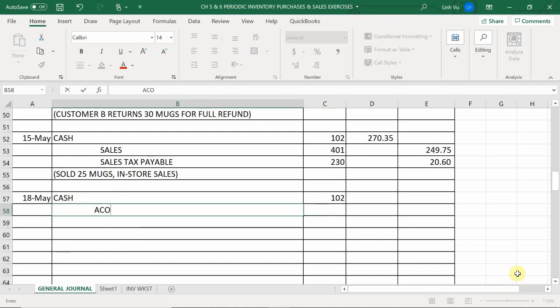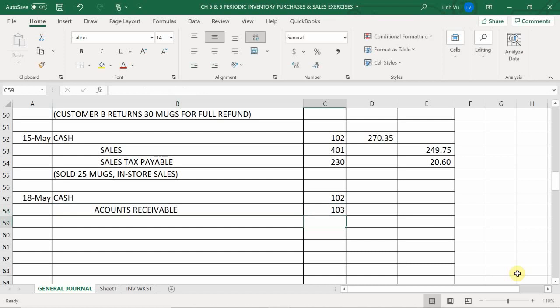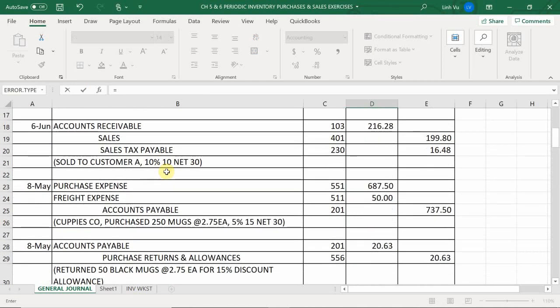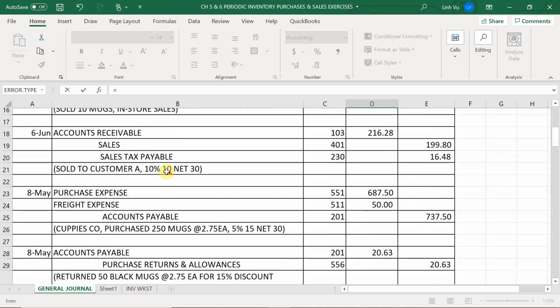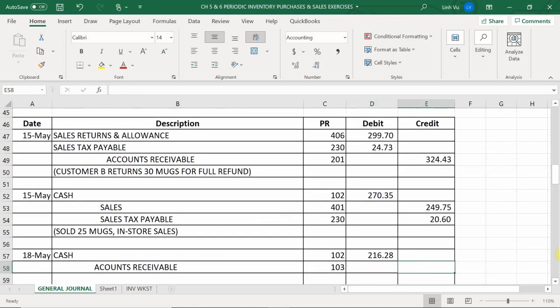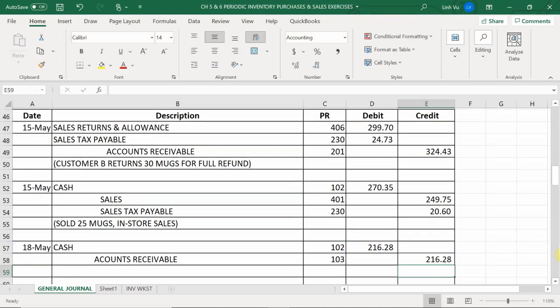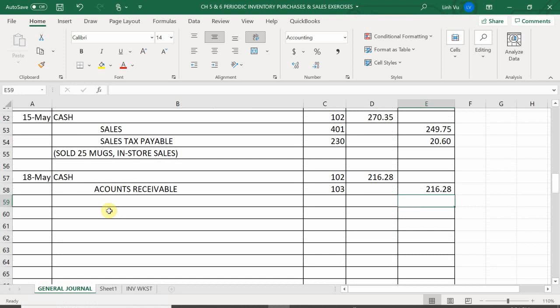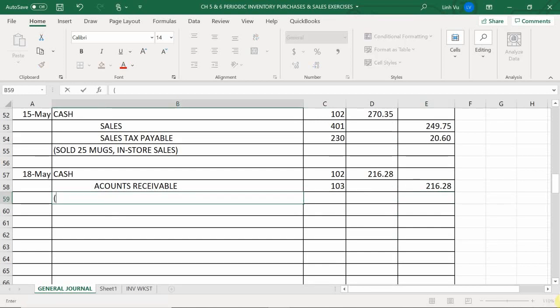Yes, because they paid us on what they owed. So accounts receivable, which is 103. Now, how much was it that they owed us? 216.28. So therefore, we should be receiving 216 and 28 cents. Okay? So therefore, we're going to make a note that customer A paid in full.